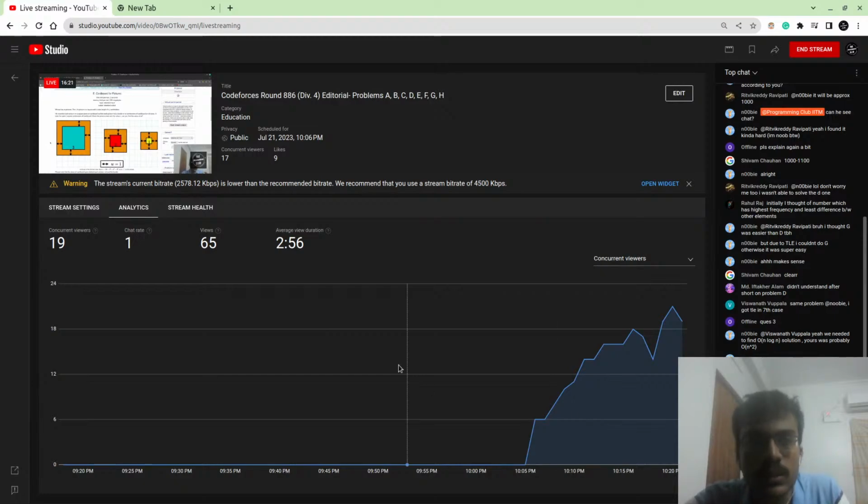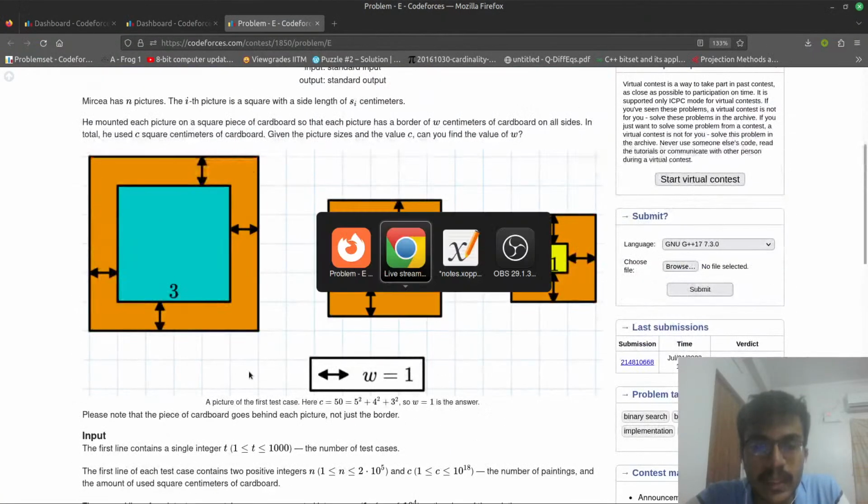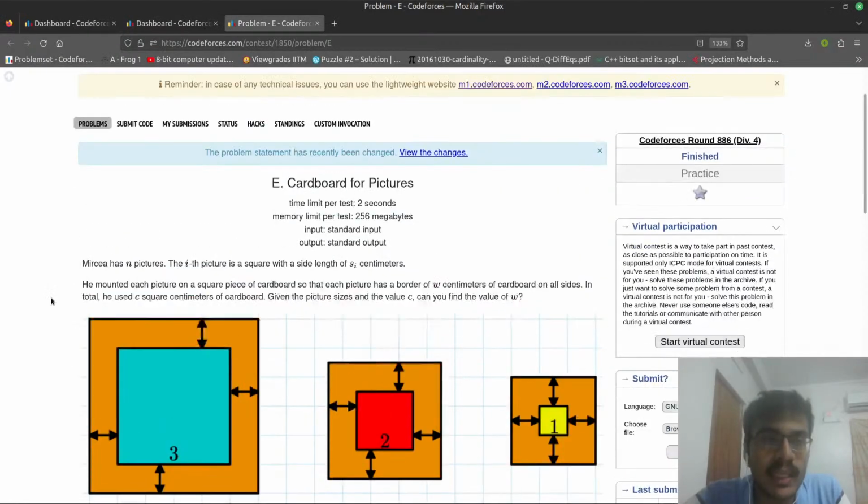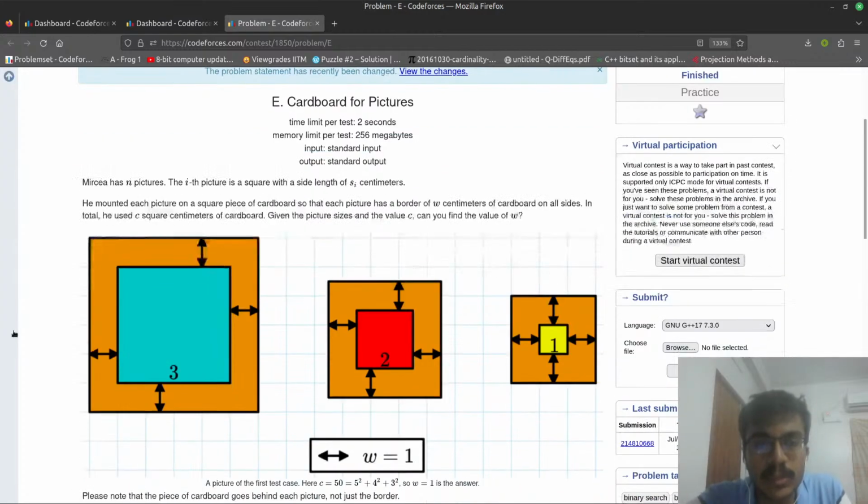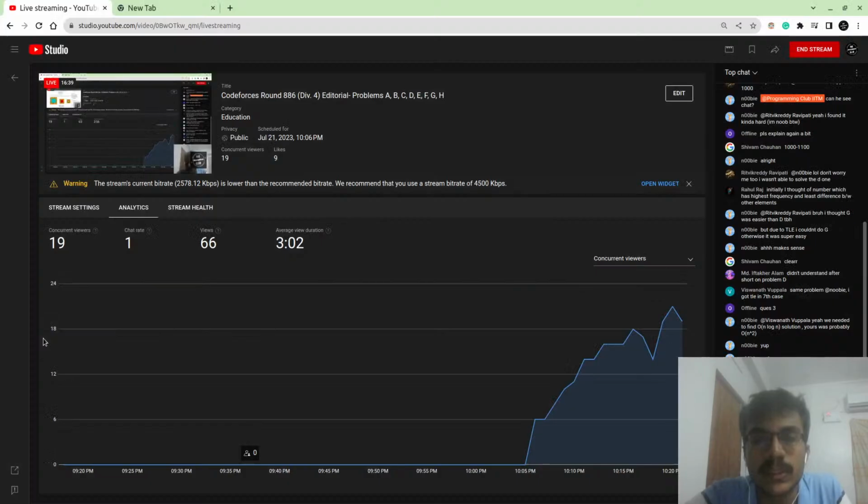Okay, so E, someone suggested quadratic equation formula. Actually, that's correct only. So I'll tell you my solution for this. So E question was like, essentially we're given a bunch of squares, and around the square there is some border of like width W, and we're given the total area, and question is how to solve this.